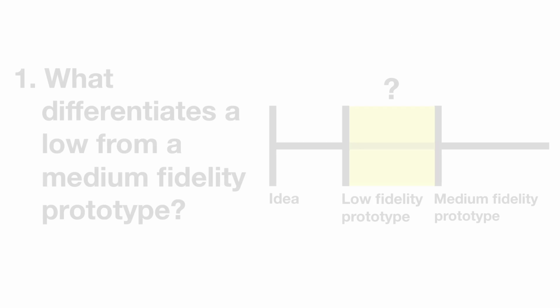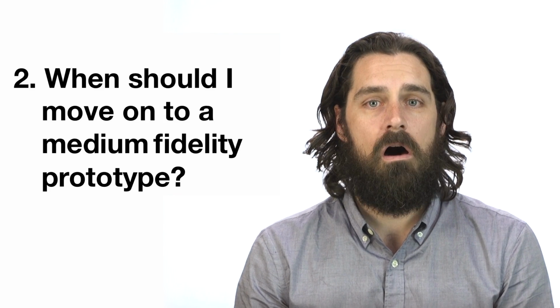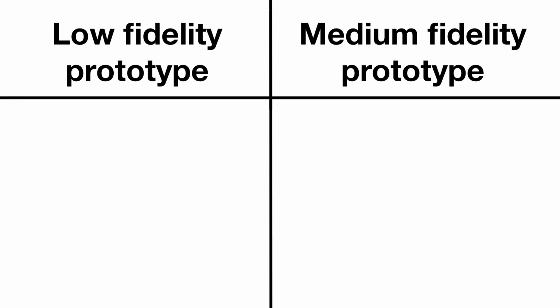And during this process, two difficult questions may come up. First, teams may question what differentiates a low-fidelity prototype from a medium-fidelity prototype. Second, teams may also ask, how do they know when to move on to a medium-fidelity prototype? There are several characteristics and features that differentiate a low fidelity prototype from a medium fidelity prototype.